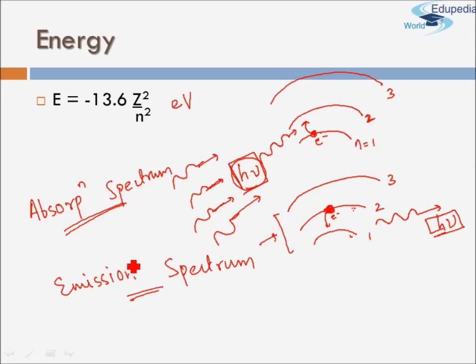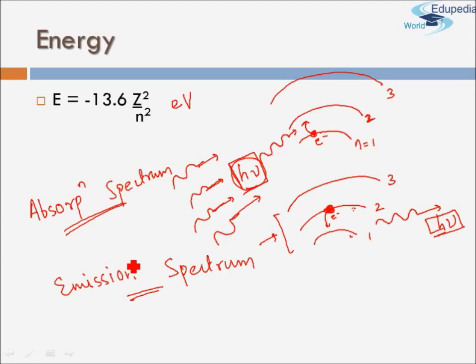You must understand how absorption and emission spectra are observed in an atom. That is what we mean by atomic spectrum. Atomic spectrum is nothing but an absorption or emission spectrum of an atom. Usually we mean the emission spectrum of the atom, but it can also mean absorption spectrum. Ultimately we can use either one of them to identify the atom involved.